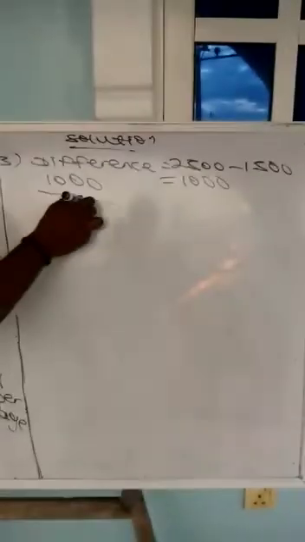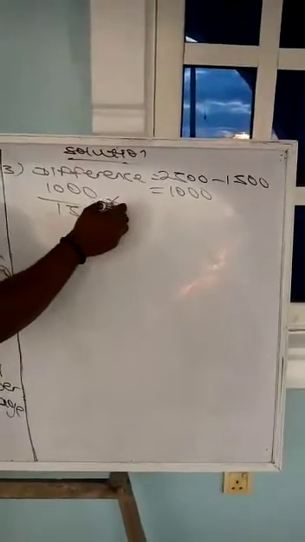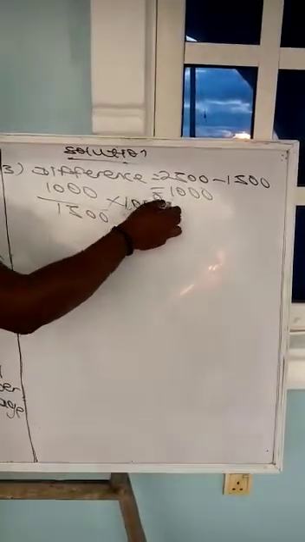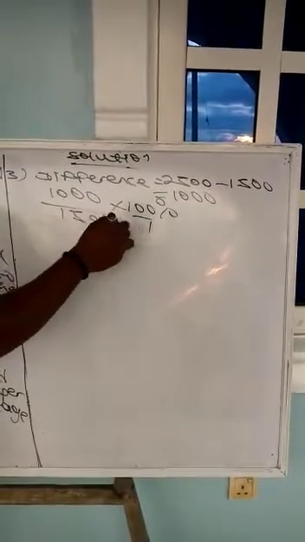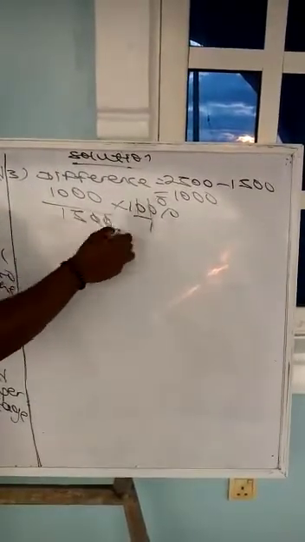So if we are to express this amount in percentage, it's going to be 1,000 over 1,500 times 100 over 1. So we cancel out 0, we cancel out 0, we cancel out 0.